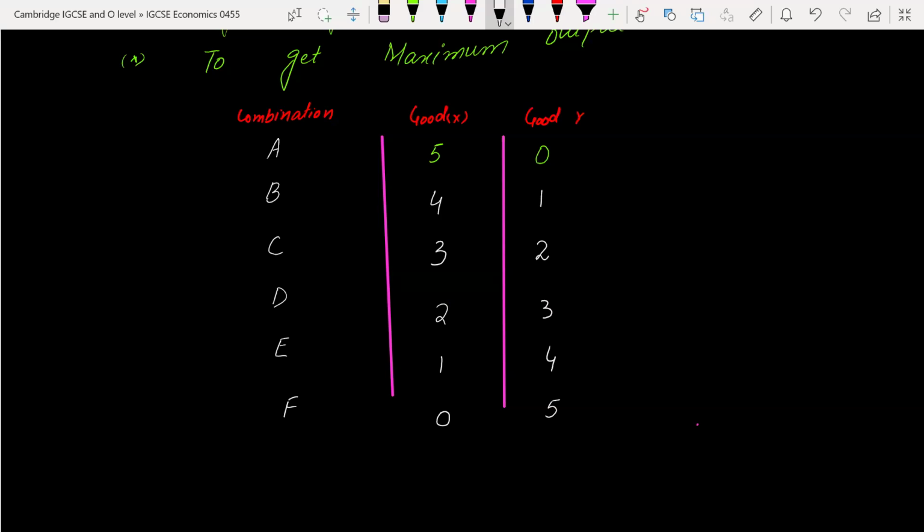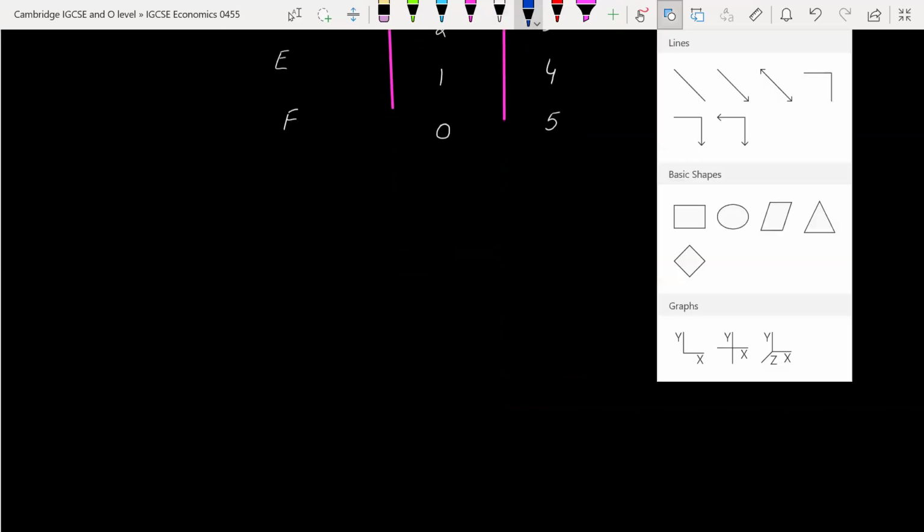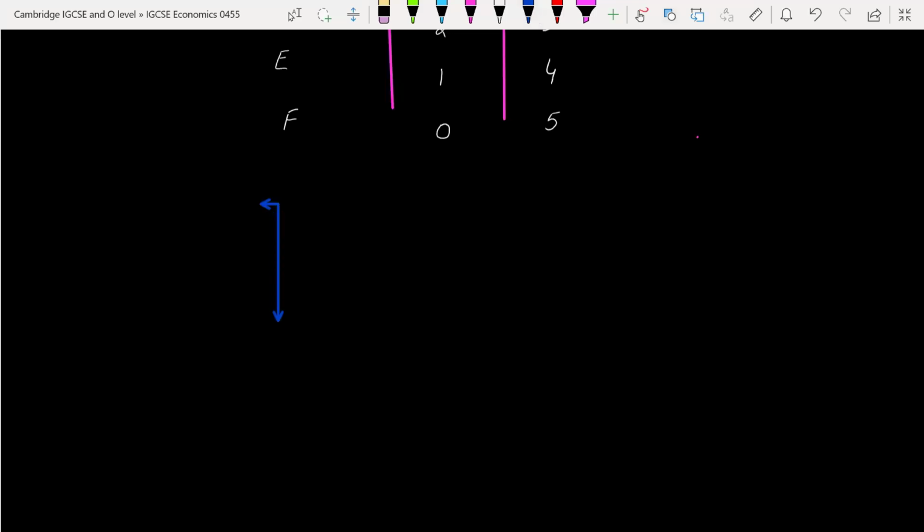I have already prepared a table for you. If I make a diagram of the production possibility curve, this is the production possibility curve.